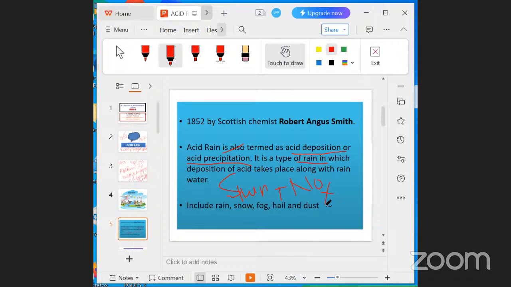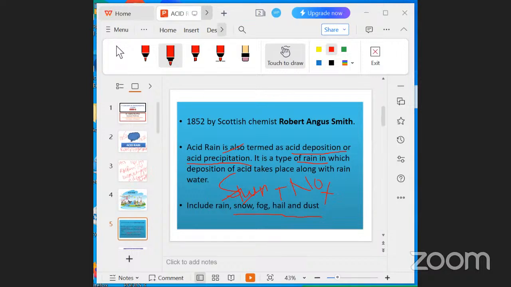This can include rain, snow, fog, hail, and dust that has acid components.